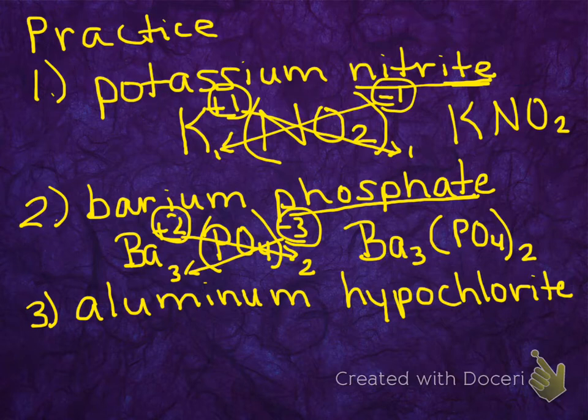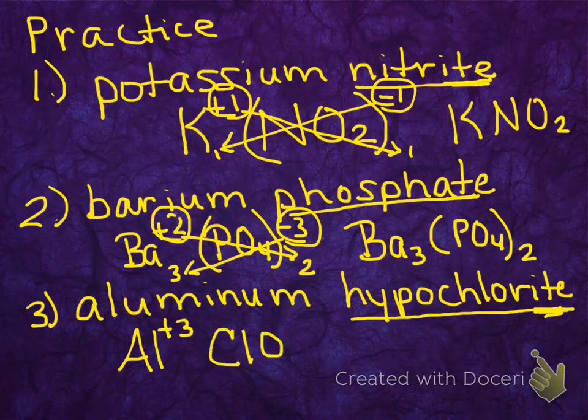Aluminum hypochlorite. So we know aluminum is Al. If you look at your periodic table, it's got a +3 charge. Hypochlorite, again, no IDE ending. This is our clue to look at the polyatomic ion chart. ITE ending, hypochlorite is ClO. It's got a -1 charge. So we're going to crisscross.